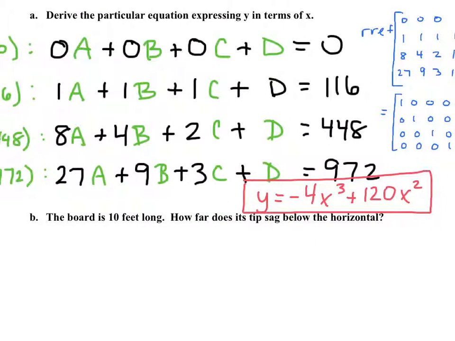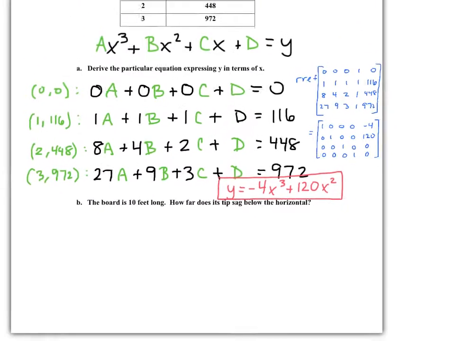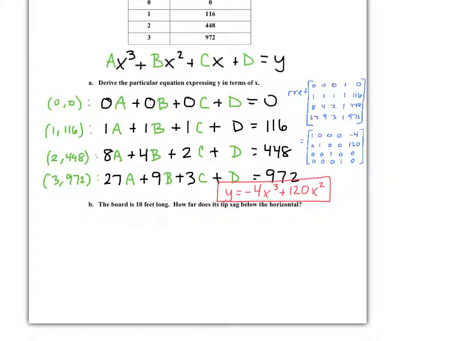Now let's answer part B. The board is 10 feet long, and that's our x. How far does it sag? What's a quick way to do it? There's a couple ways. One is we can use direct substitution, and in this case it wouldn't be that bad.